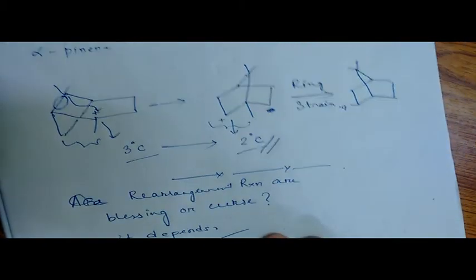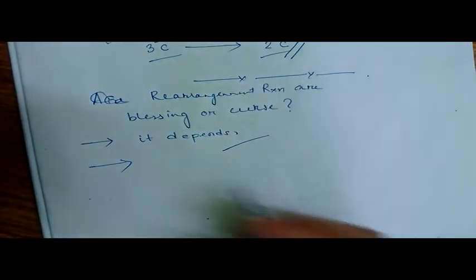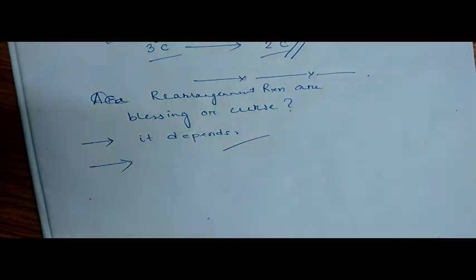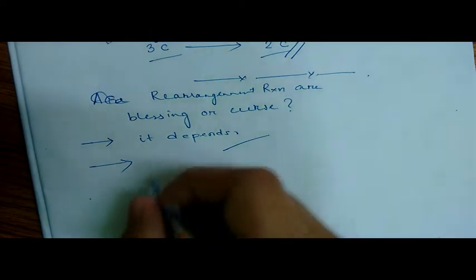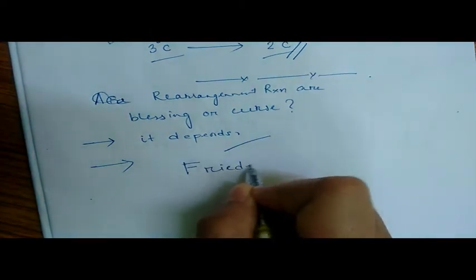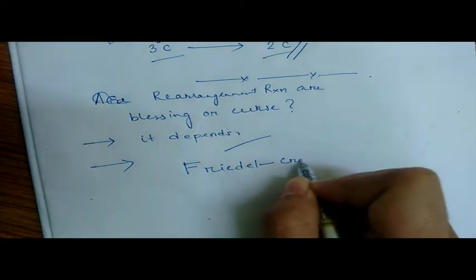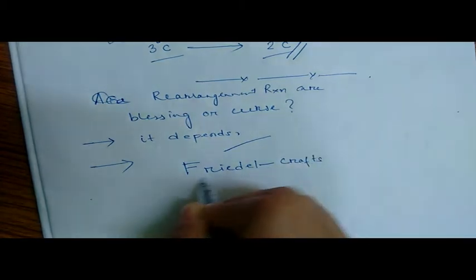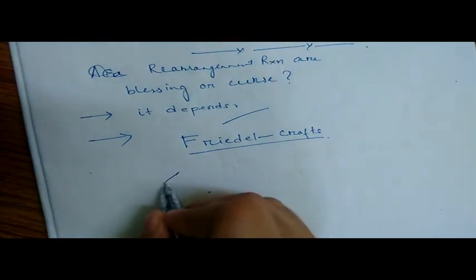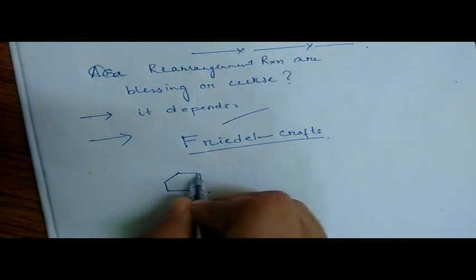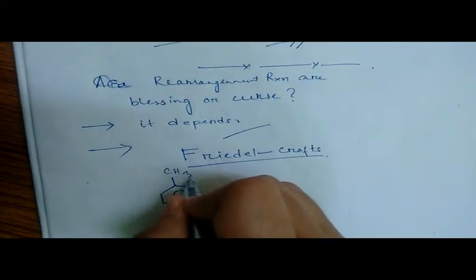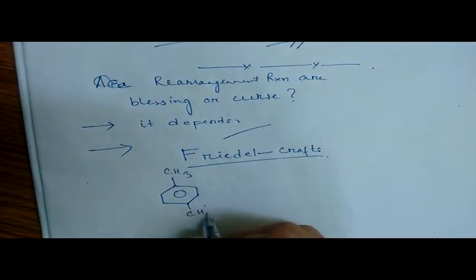Also, there are some reactions in which, due to this rearrangement, we get a mixture of products. Let's take a simple example, which is the Friedel-Crafts reaction. Suppose we did the Friedel-Crafts reaction and we got this product, which is paraxylene.